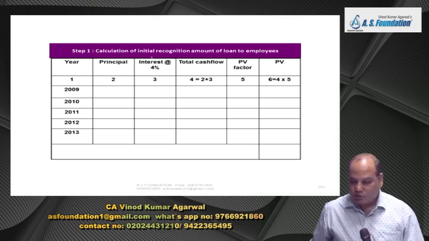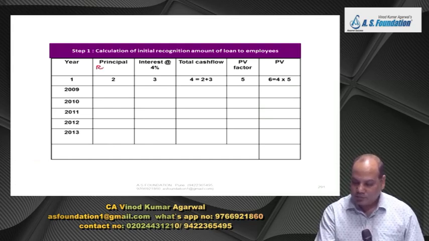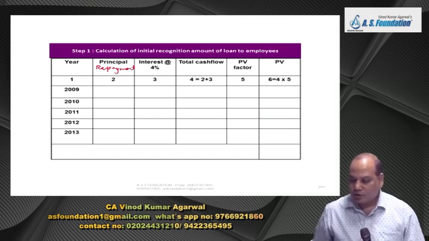This basic question you should be able to solve. Then come to format: year, principal repayment, right? How much amount will he repay every year? 2 lakh. So you write 2 lakh 5 times.